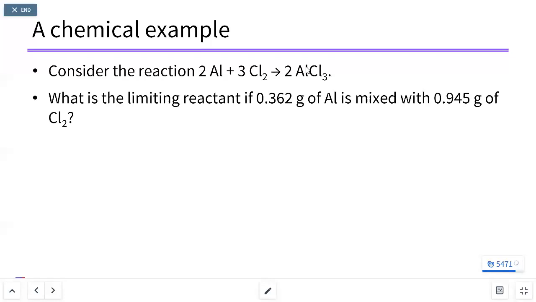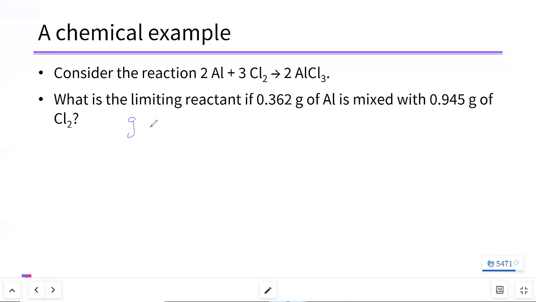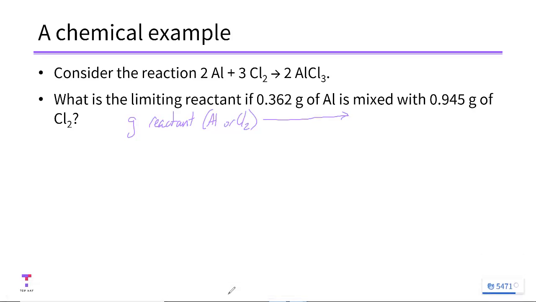I'm going to start with grams of a reactant. That reactant can either be aluminum or chlorine. And where I want to end is I want to end with some amount of product. And since there's only one product here, I'm going to turn it into aluminum chloride.